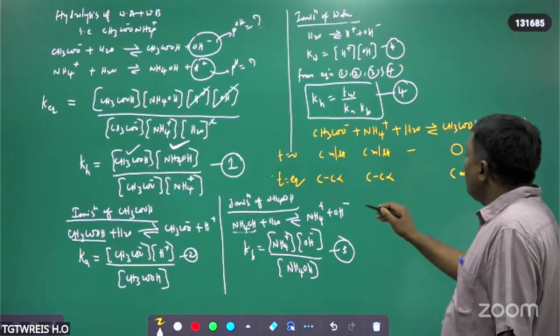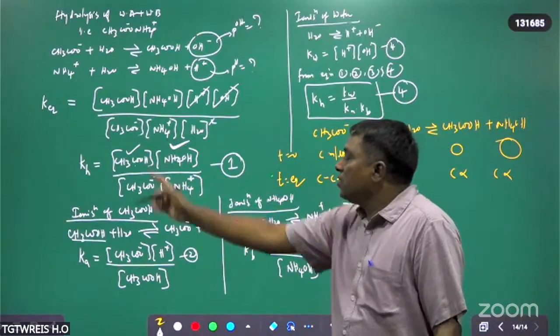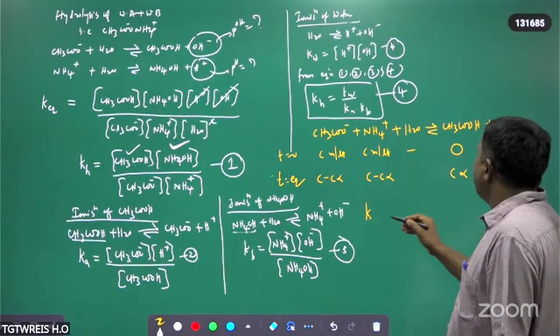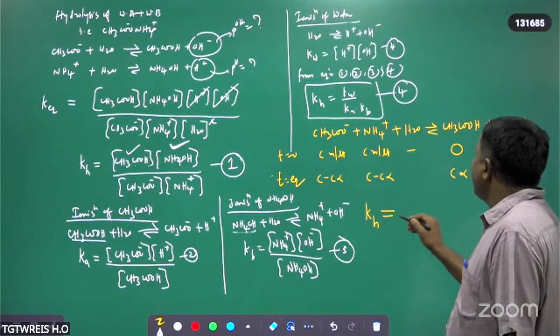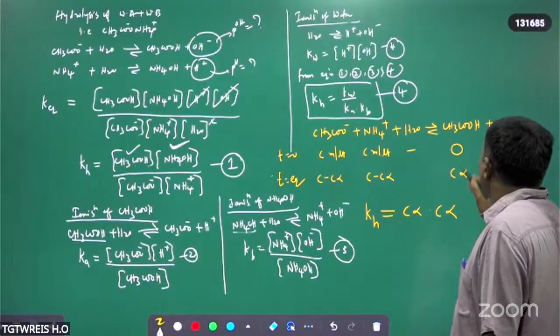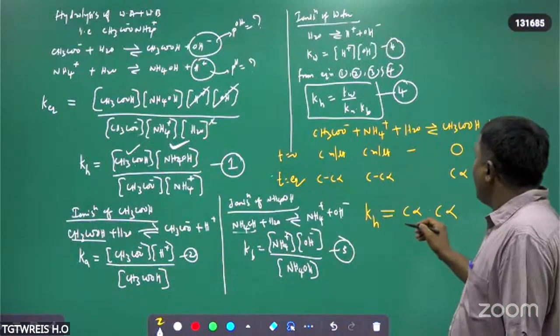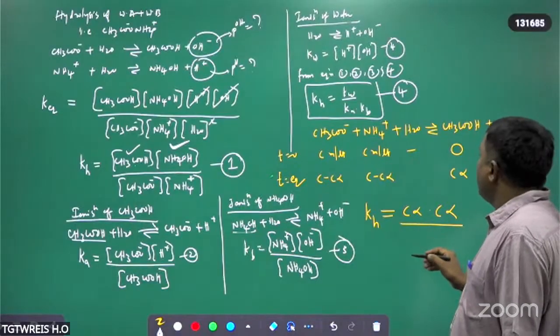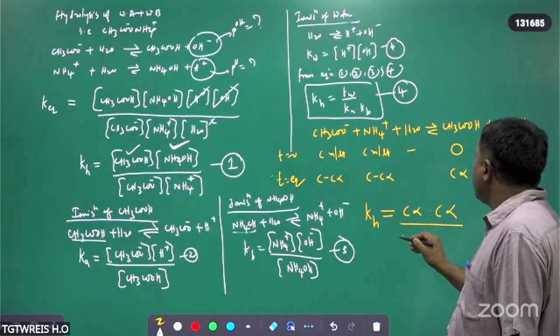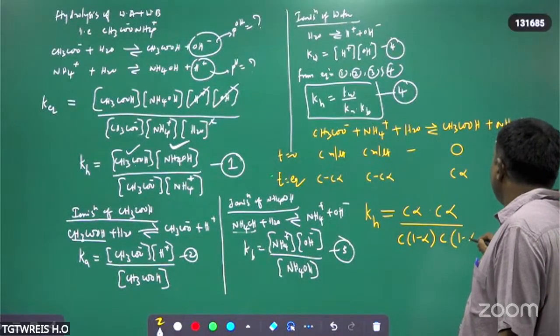So what is our KH now? The acetic acid concentration is C alpha, so KH is equal to C alpha into C alpha. This is C alpha, this is also C alpha from this expression. The acetate anion concentration is what now? C minus C alpha, C into 1 minus alpha, and also C into 1 minus alpha.